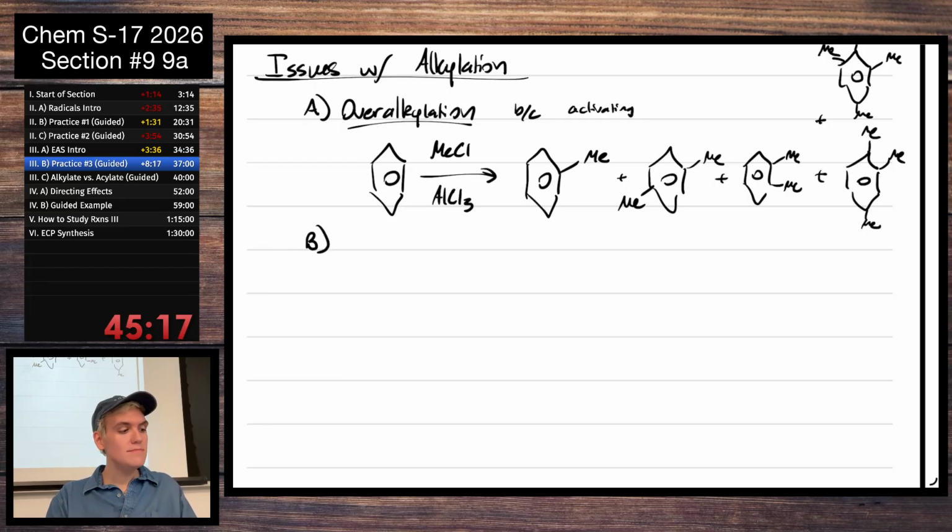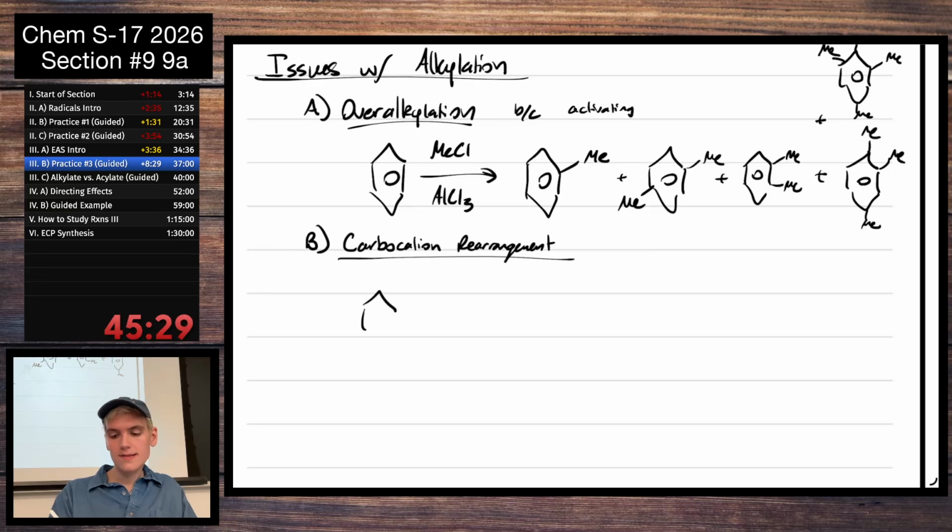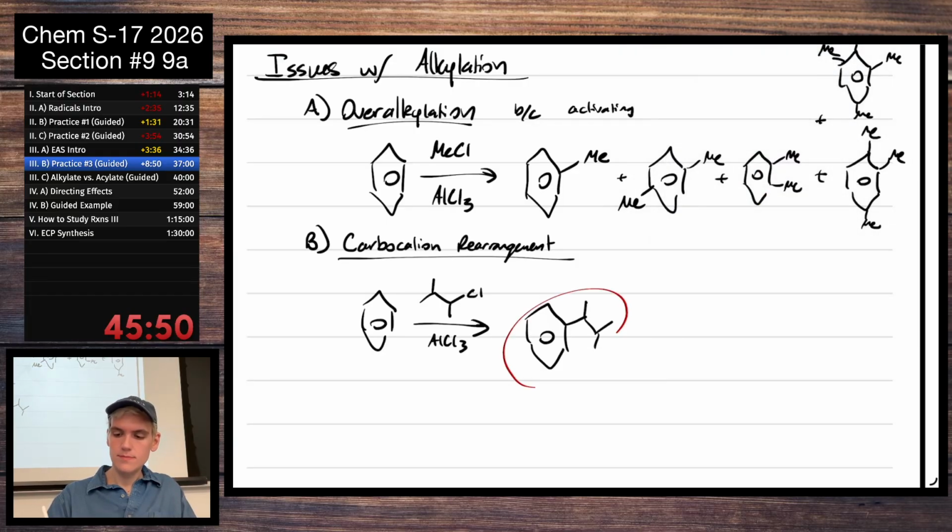So issue number B is when we are doing this through a carbocation, they can rearrange. So, let's say you're doing benzene and you are reacting with this boy. What you are going to get is not going to be this verbatim product here. You are not going to get this.